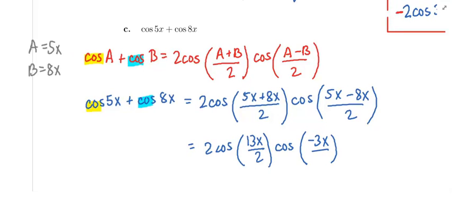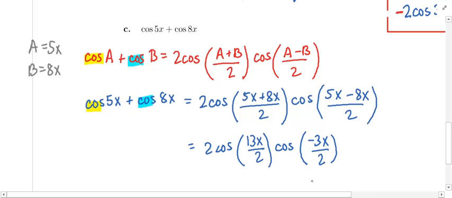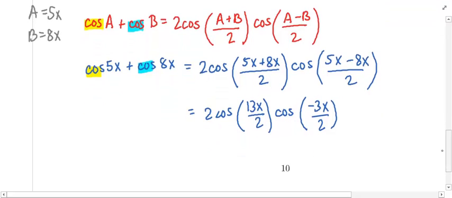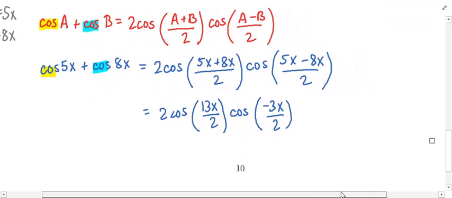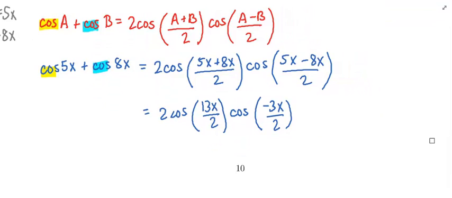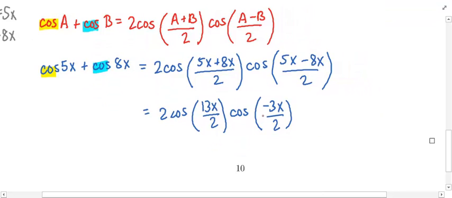We can leave it like this in terms of fractions, or you can convert them to decimals. The other thing I need to address is this negative sign inside the cosine argument on the right, the cosine of negative 3x over 2.